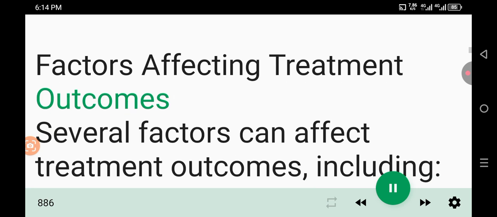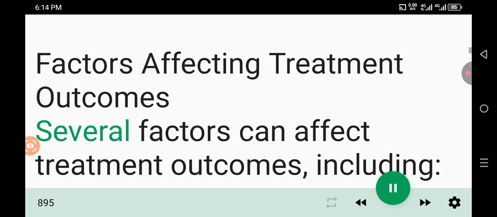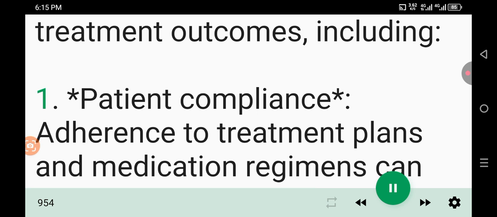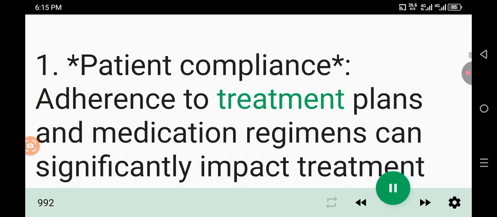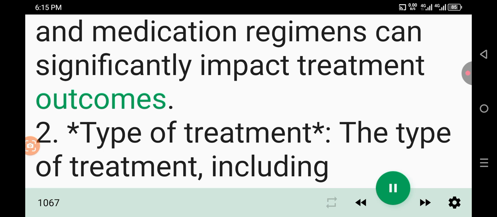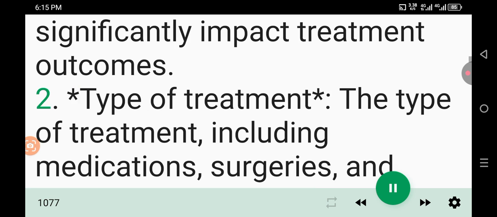Factors affecting treatment outcomes. Several factors can affect treatment outcomes, including 1. Patient compliance. Adherence to treatment plans and medication regimens can significantly impact treatment outcomes. 2. Type of treatment.